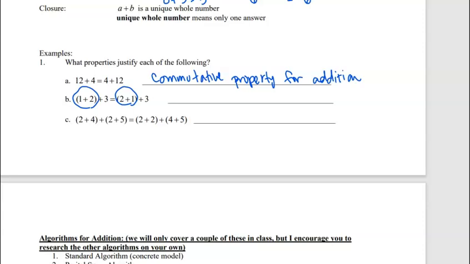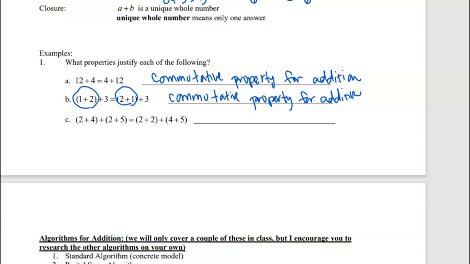So a lot of people here would tell me that this is the associative property, when actually, again, this is the commutative property for addition specifically. So just be careful. Not every time you see parentheses in problems will mean that it's the associative property.